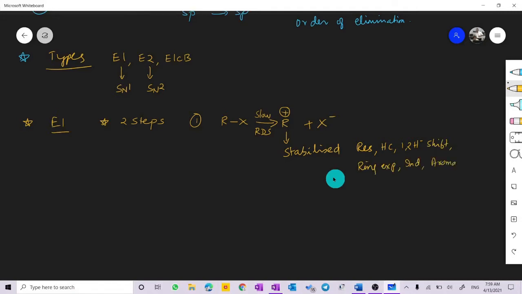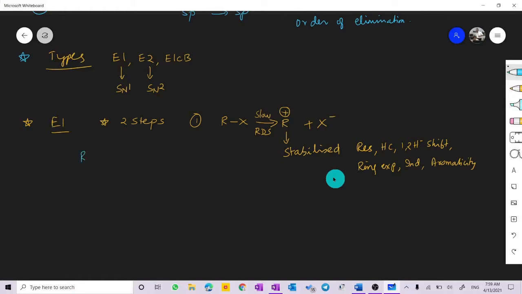So any of these effects can operate to stabilize the carbocation that is formed, and then only the base is going to abstract the beta proton to form the alkene. Therefore, rearrangement is one of the essential criteria. So you have to remember this.